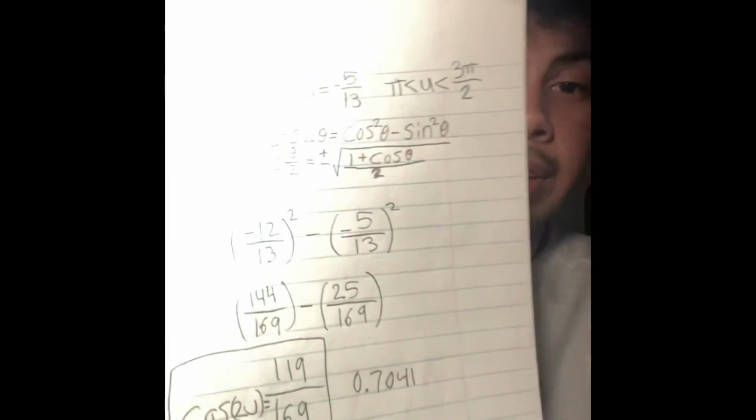Cosine of u was negative 12 over 13, and we are just going to plug it into the formula that we have. So square root of 1 plus negative 12 over 13, over 2. So this is what it looks like.